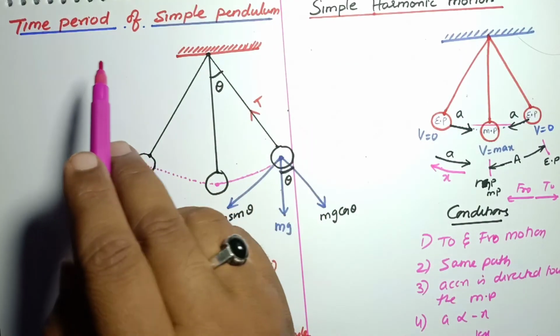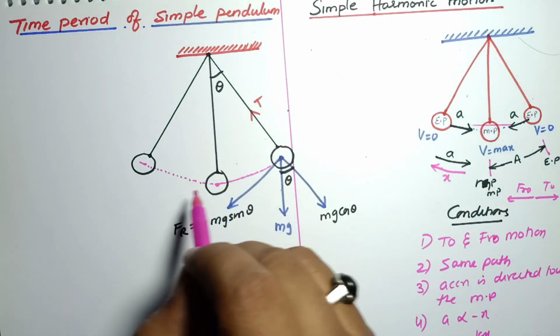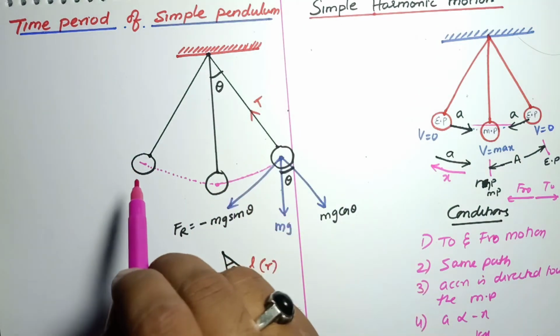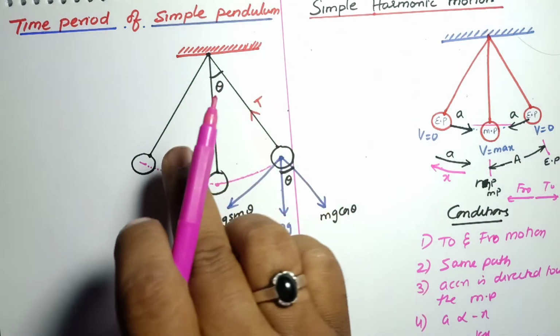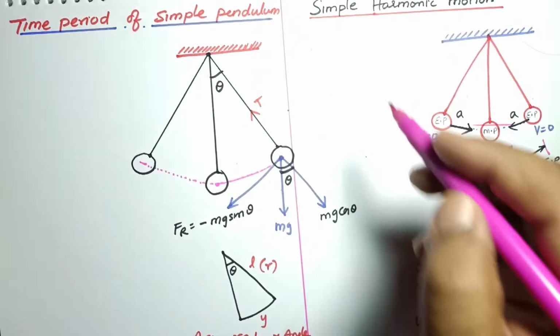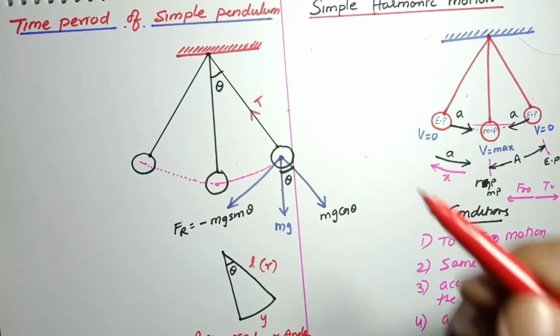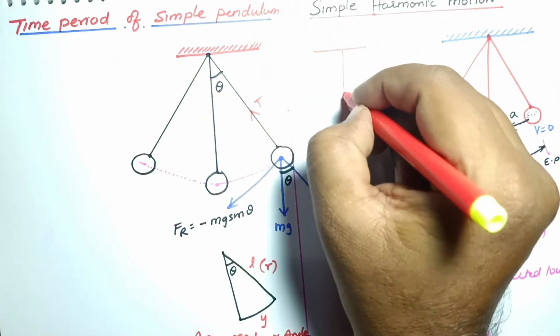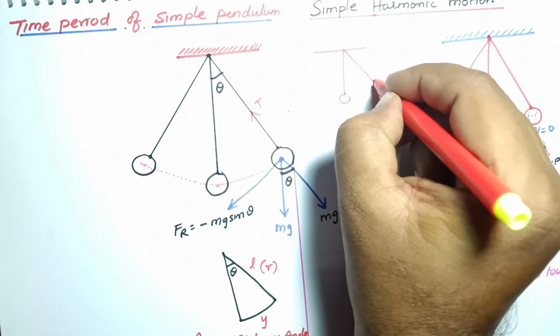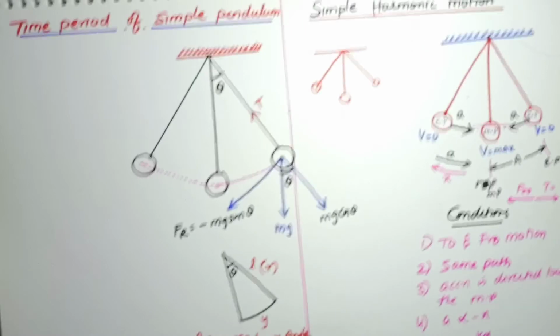Next, we shall discuss the time period of a simple harmonic motion. How much time will the pendulum take to complete one single oscillation? Let me tell you how the oscillation starts.